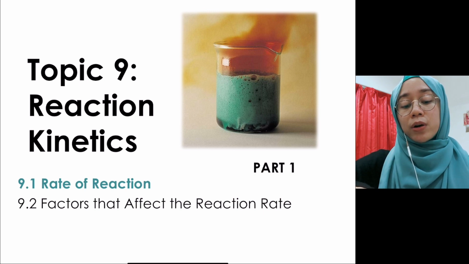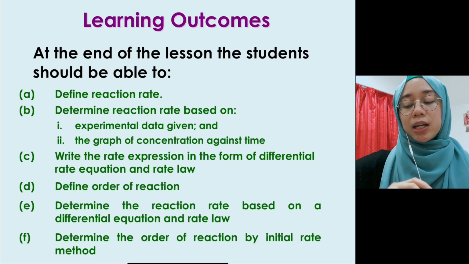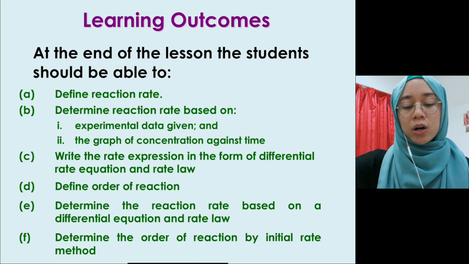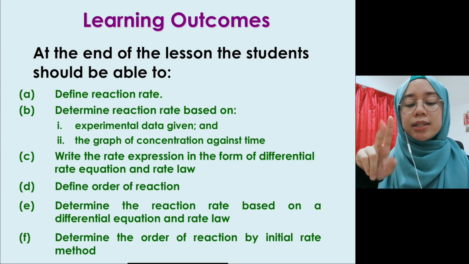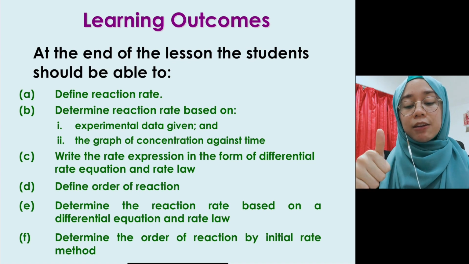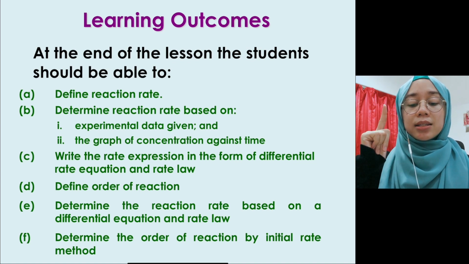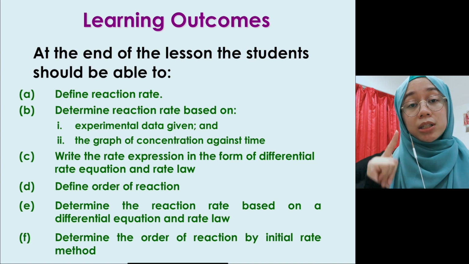So let's have a look at what we will be learning in this particular subtopic. The first one is to define reaction rate, and then to determine the reaction rate based on two things: the first one is the experimental data given to you, and the second one is the graph of concentration against time.